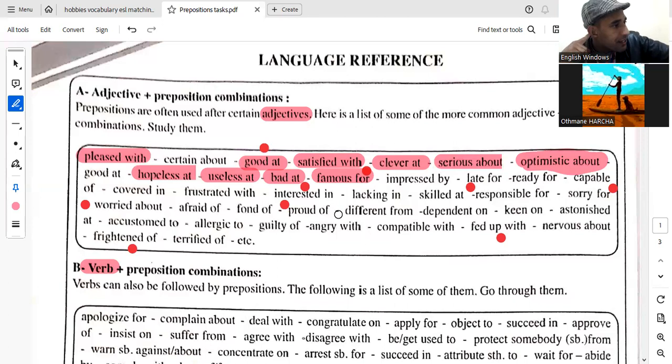What is it? Oh, useless is the synonym of bad at.